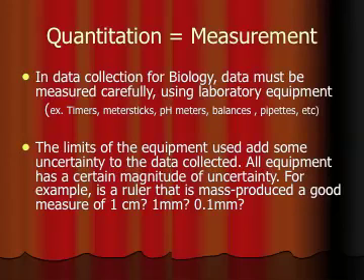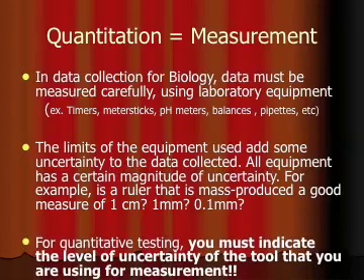The mass-produced ruler only has the millimeter markings. So if something is 0.1 millimeter big, it would probably be very difficult for you to measure that with a certain amount of exactitude, a certain amount of precision with a ruler. Okay, so this magnitude of uncertainty comes with the equipment that you use to measure.